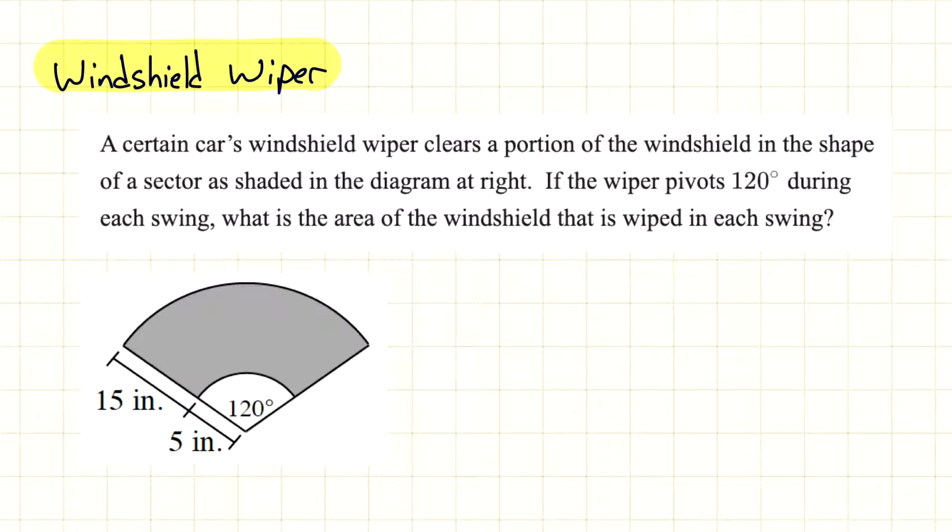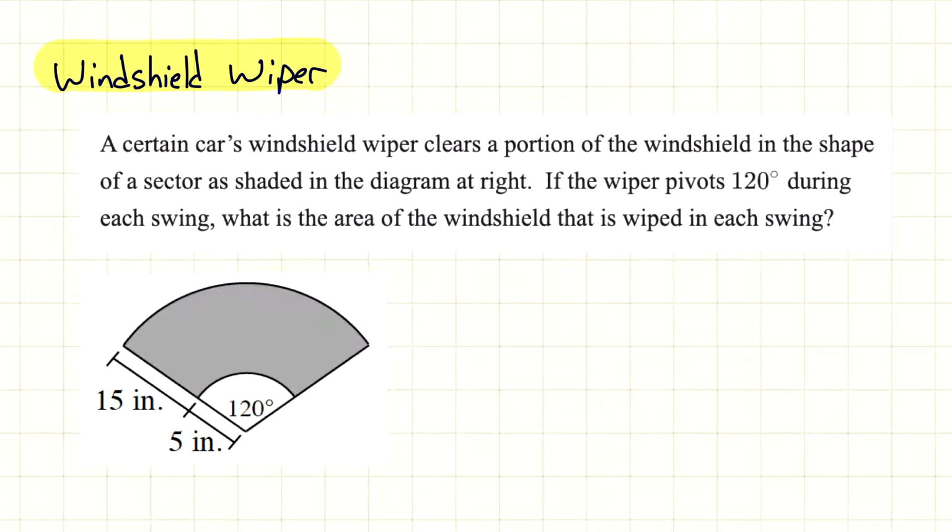So we're talking about this shaded area, just this shaded area, because if you've ever seen a windshield wiper, there's a portion of it that's actually wiping the windshield, and then there's another part that's holding that windshield wiper as it goes across your windshield. So it doesn't necessarily have a really long wiper portion.